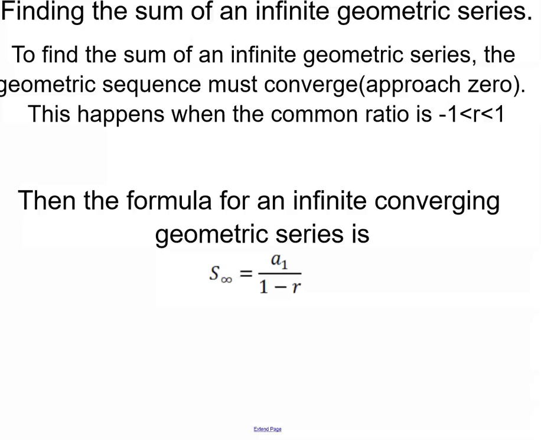This will only happen if that common ratio, that thing that's being multiplied over and over again, is between -1 and +1. That's the only way that number is going to keep getting smaller and smaller. And so if it's an infinite geometric series, the formula is simply a sub 1, your first term, divided by 1 minus r.